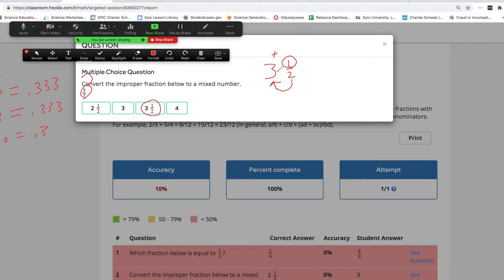So that's going to be 2 times 3, which is 6. And then you add 1, which is 7. So that one's going to be 7/2. So you know that's not it. Now let's look at this one.